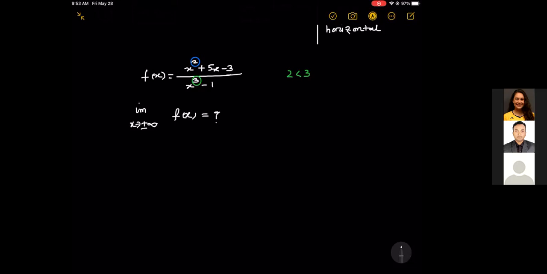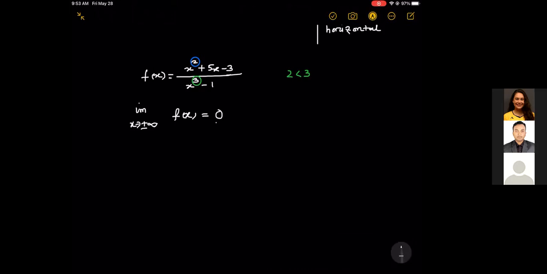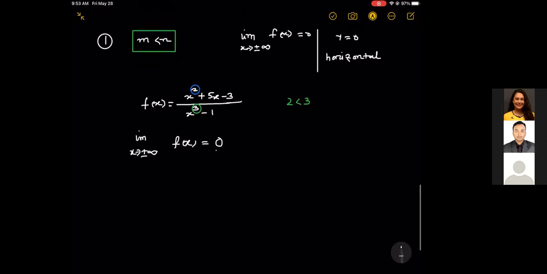You can straight away say the limit is 0. You don't need to calculate anything. You can just use this property, or theorem, I should say, and say that the limit for this particular function when x tends to infinity or x tends to negative infinity is going to be 0.